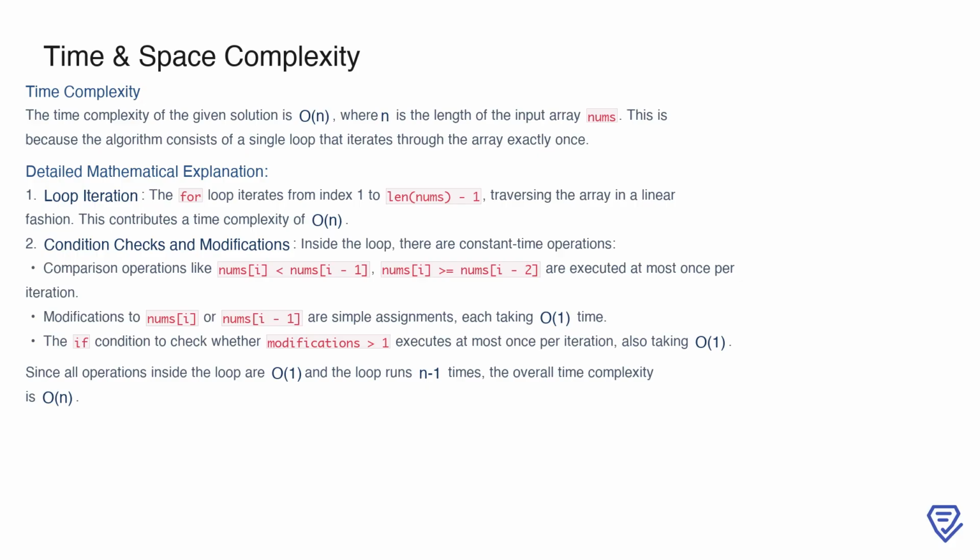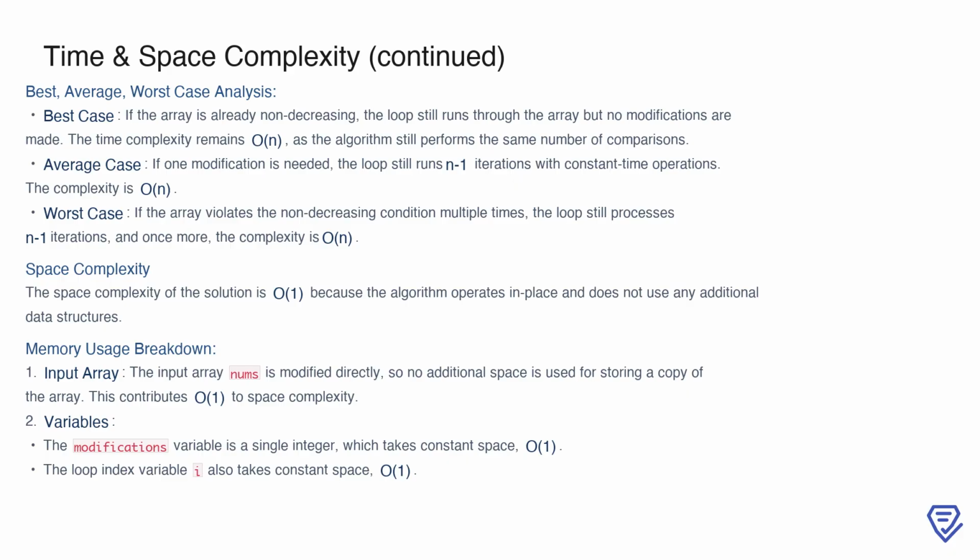Even the condition that checks whether the number of modifications exceeds 1 is evaluated in constant time per iteration. Since all of these operations are O(1), and the loop itself runs n-1 times, the overall time complexity is O(n).